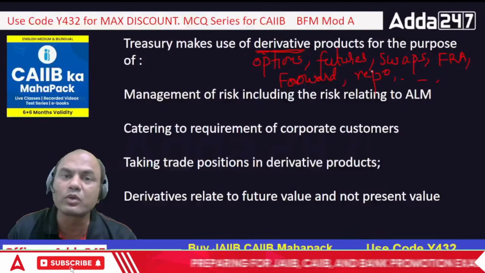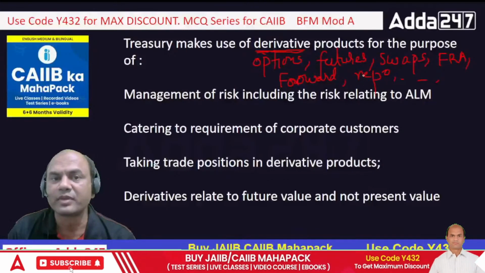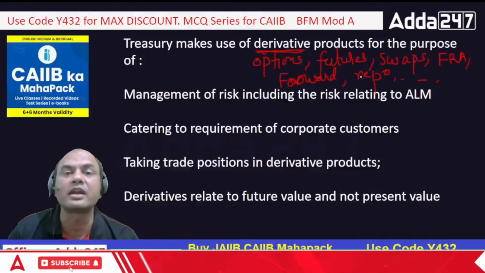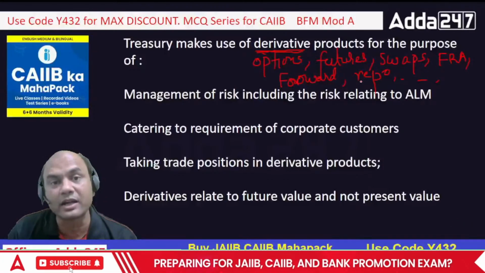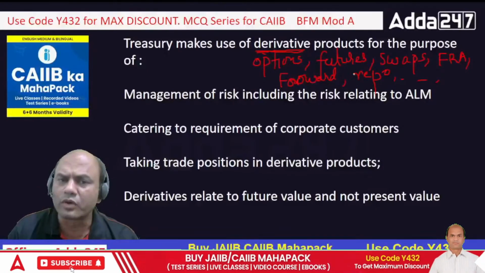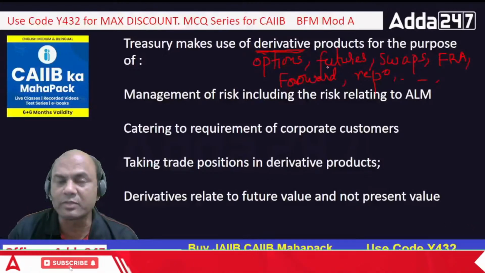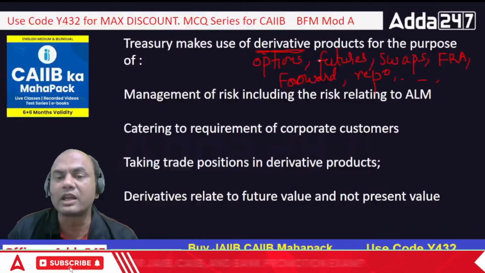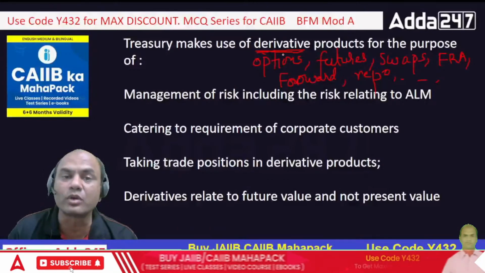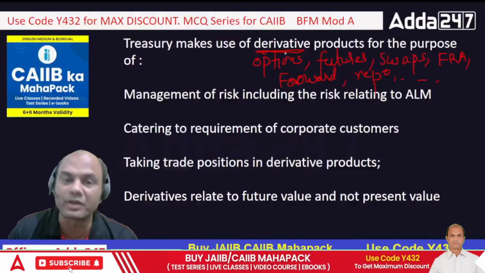Repo is not limited to RBI lending to banks. Repo is also concerned with dealing in the secondary market. Repo transactions are dealt in the secondary market also. So you got the point? Derivatives are derived from something, a commodity. Remember this.